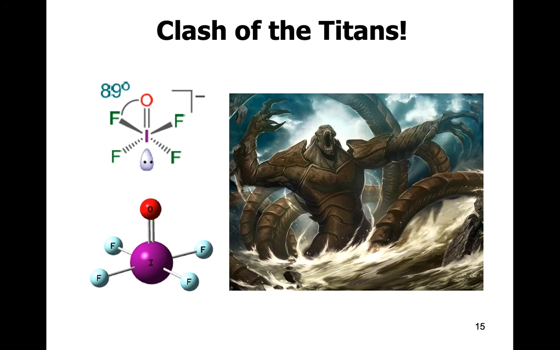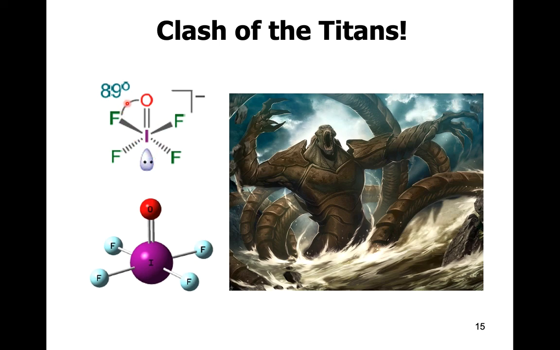Finally, we have our clash of the titans here. We know that double bonds are more repulsive than single bonds, and we know that lone pairs are more repulsive than single bonds, but this is one of the few structures that actually lets us compare, because in the idealized structure, this would be 90 degrees, we're going to have the double bond electrons push down, we're going to have the lone pair electrons push up, and so who wins?